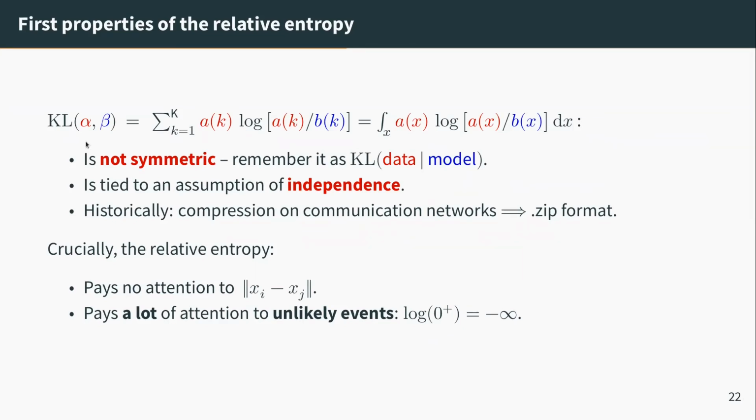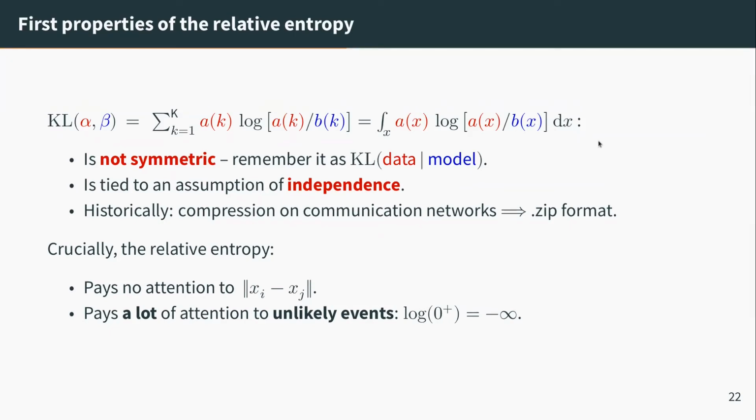We defined the Kullback-Leibler divergence between alpha and beta on histograms, but we can also define it between distributions, for instance between two Gaussian distributions. We replace the sum with an integral, and then we have the density. What is important in this definition is that the density ratio, the Radon-Nikodym derivative, should be well defined. Otherwise, it's equal to plus infinity.